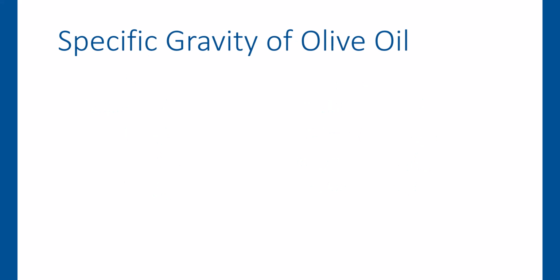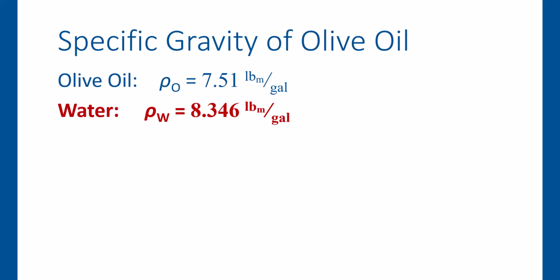Here's an example involving olive oil. The density of olive oil varies slightly with the variety, but is about 7.51 pounds mass per gallon. To find the specific gravity of olive oil, it will help to have the density of water in the same units, pounds mass per gallon.